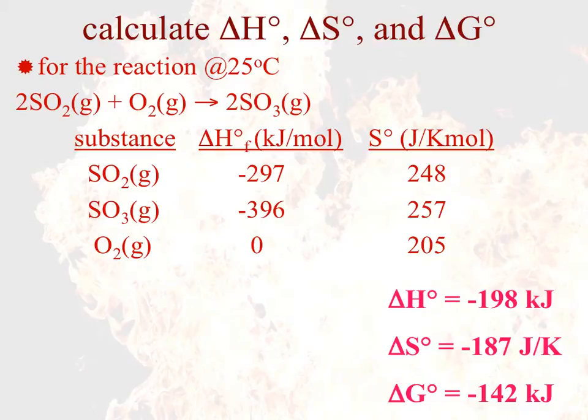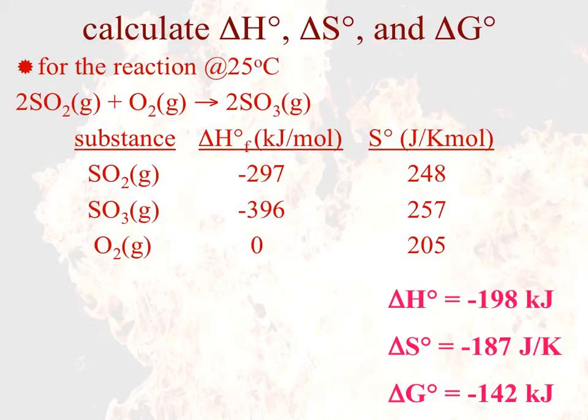Now, they want us to calculate each of these individual pieces. Delta H and delta S can easily be calculated from the tabulated data that we've been provided. Delta G, on the other hand, is going to be calculated utilizing the delta H and the delta S values that we calculate.